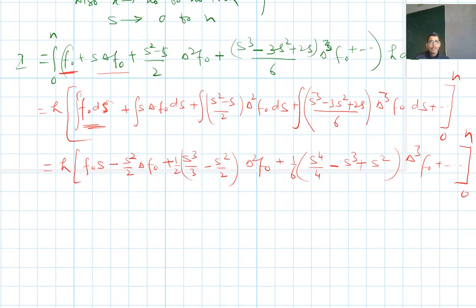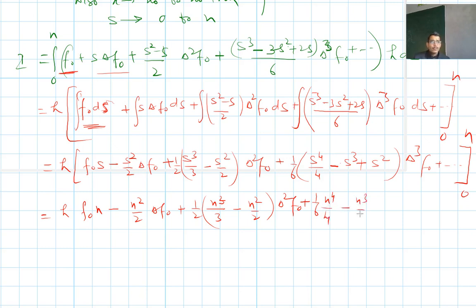If I put this limit 0 to n, it will simply be written as h, substituting these limits, n minus n square by 2 delta f naught plus 1 by 2 n cube by 3 minus n square by 2 delta square f naught, 1 by 6 n4 over 4 minus n cube, and plus n square delta cube f naught plus and so on, right?